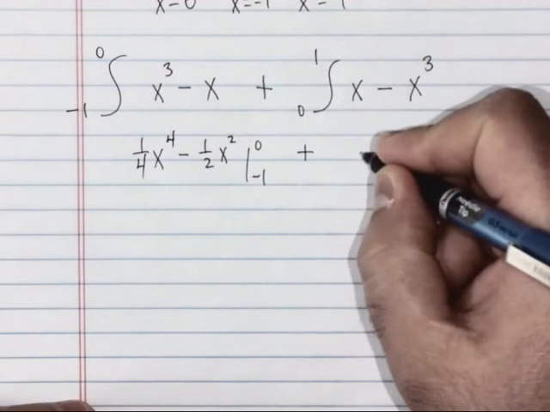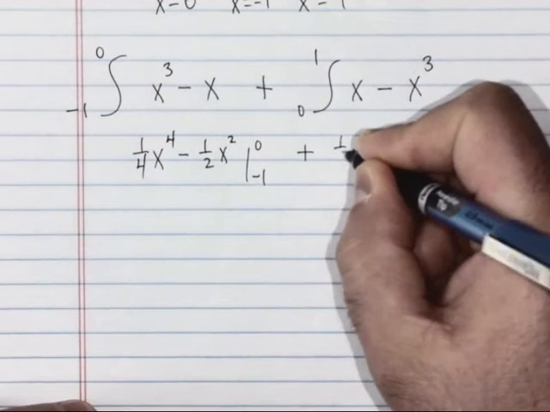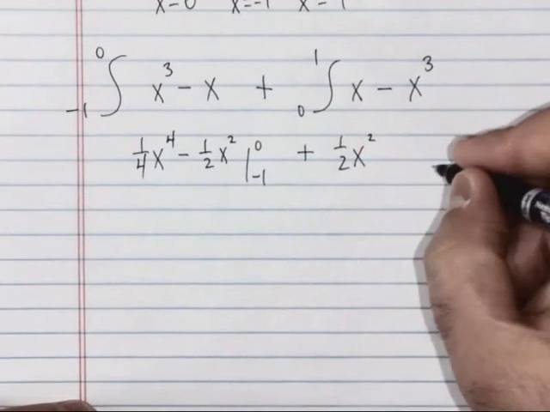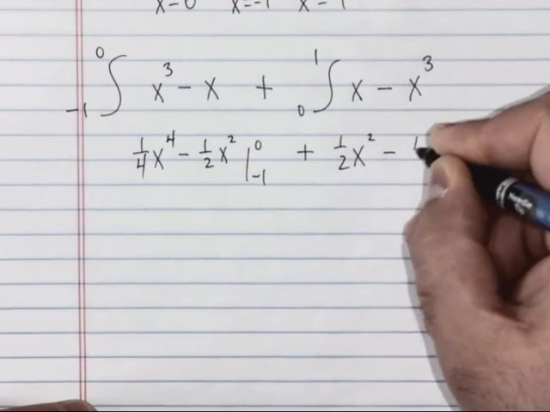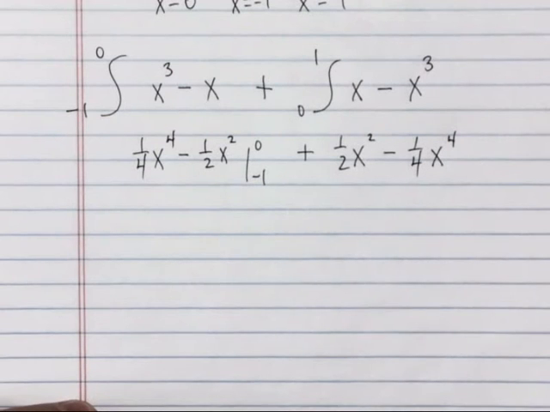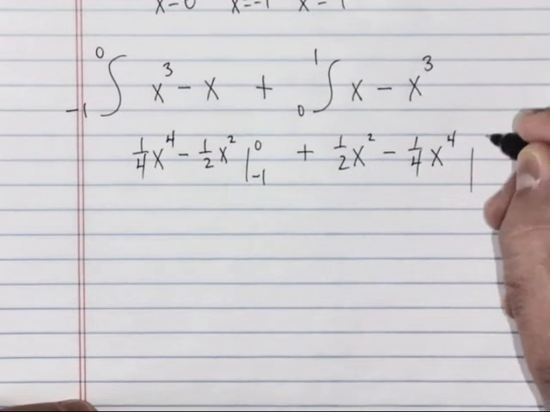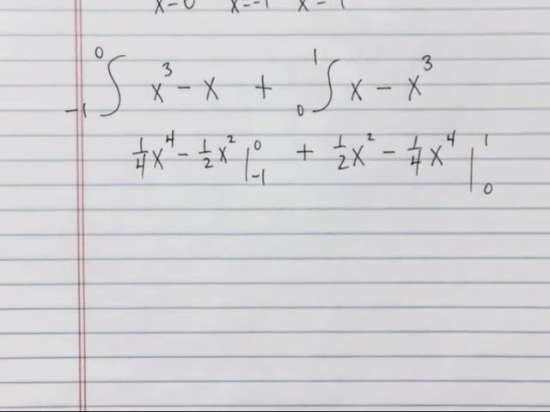Once again, we can use the power rule. So 1/2 x squared minus 1/4 x to the 4th integrated from 0 to 1.